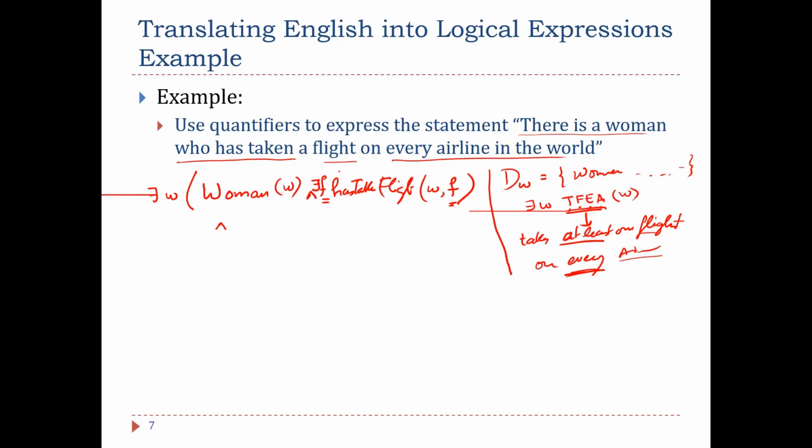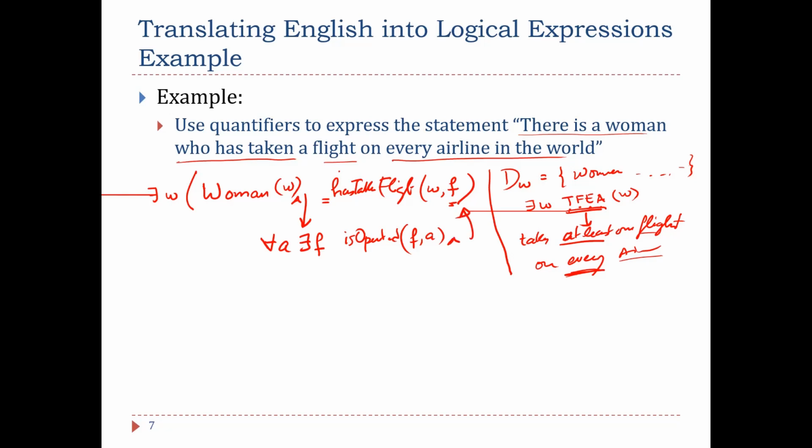So I need to mention this before talking about the flight. So I need to add a T. So there is a woman W such that for every airline company A, okay, there exists a flight F, okay, so I'm gonna remove also the F from here, such that this flight F is operated by that airline company A, okay, and that woman has taken that flight F.